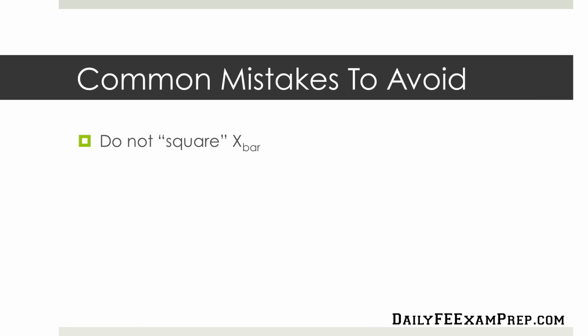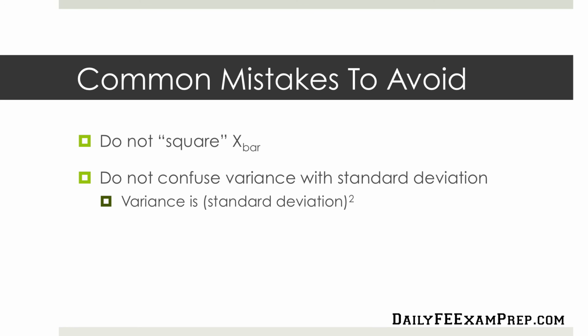And don't confuse variance with standard deviation. Variance is actually the standard deviation squared. If you switch those around, you're obviously going to get the wrong answer. So be wary of your definitions.